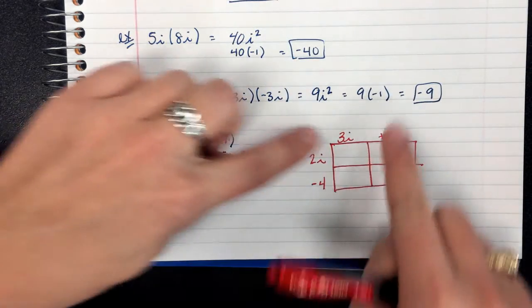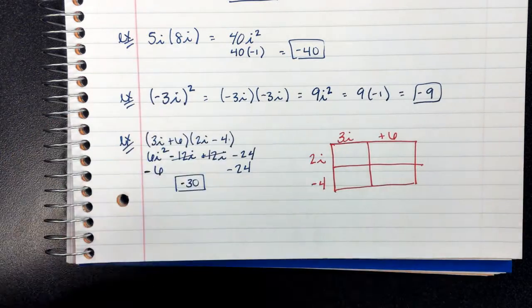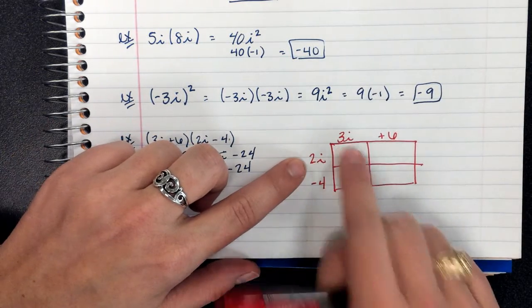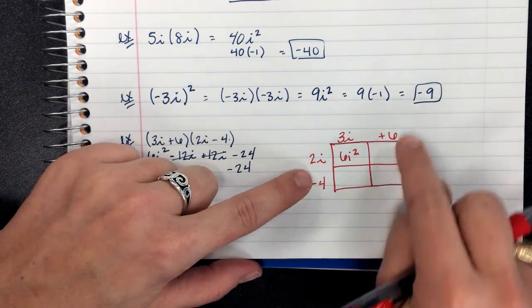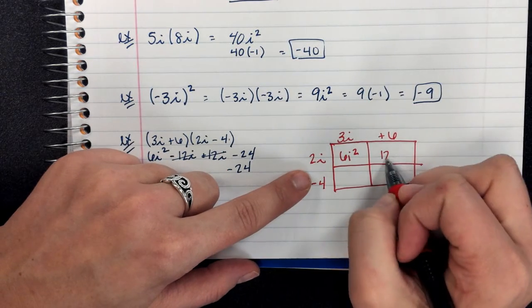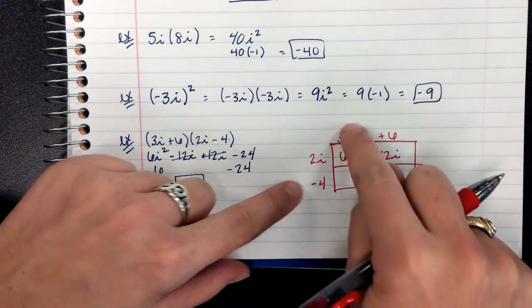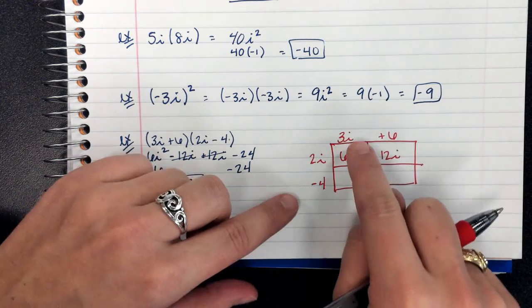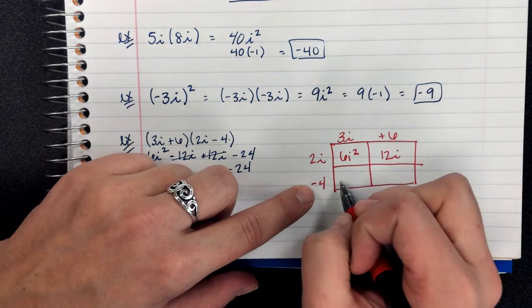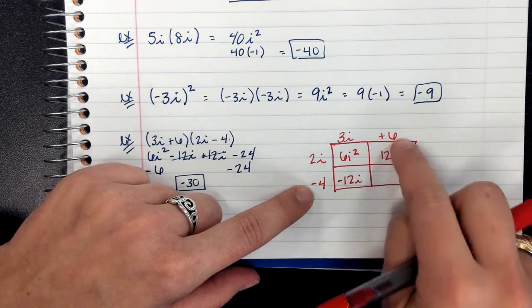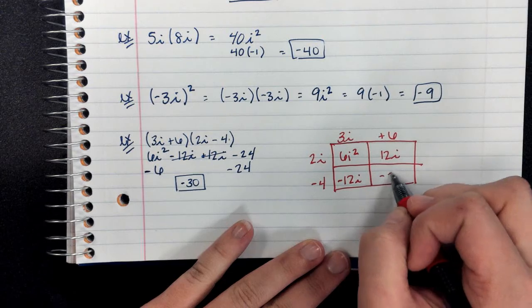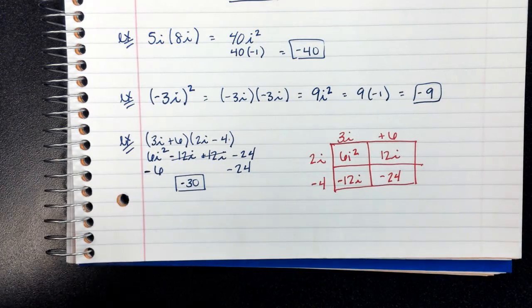And now it's like a multiplication chart, yes? So 2i times 3i is 6i squared. I'm just going to do it quickly. 2i times 6 is 12i. Then I'm going to multiply the next row. So 3i times negative 4 is negative 12i. And negative 4 times 6 is negative 24.